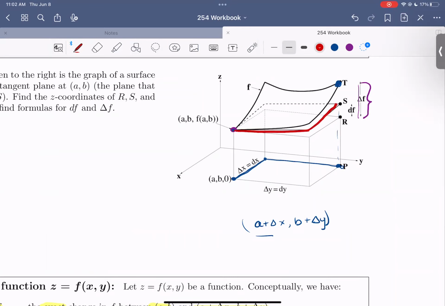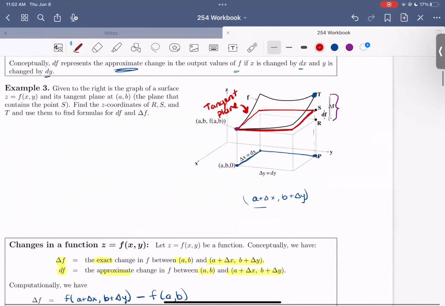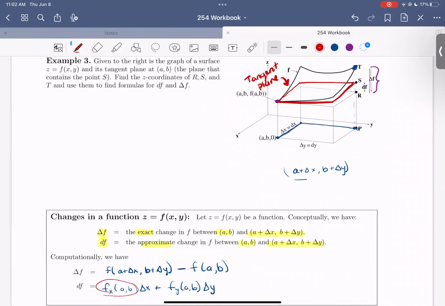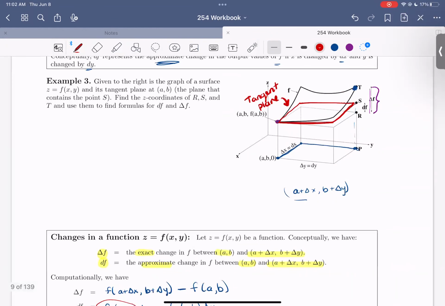So here's our tangent plane. The slope in the direction of x times the change of x is going to put us up to this point. And then the slope in the direction of y times how much we're moving in the y direction will take us up to this S point.